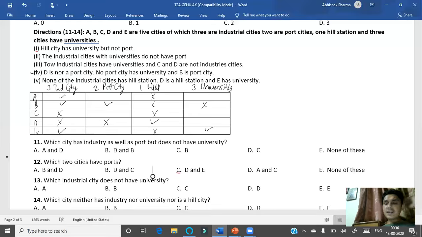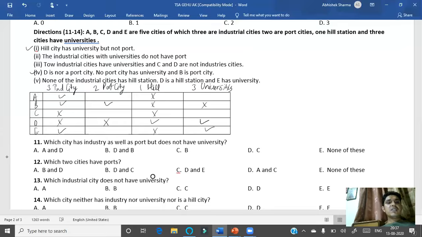Thereafter, if we start reading the statements from the beginning, he is saying that hill city has university but not port. So if we check, hill city has university but not port. So this is done, and we are done with the first statement.